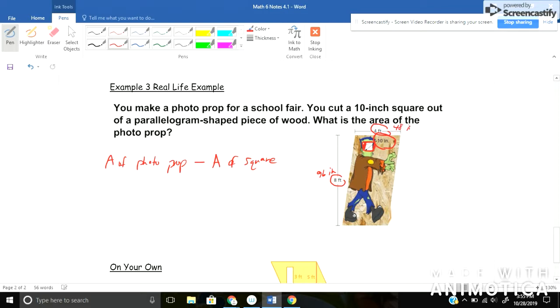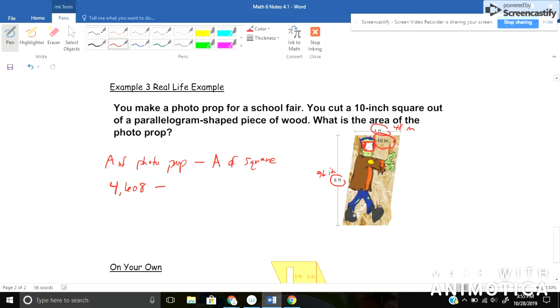So my base is 48 and my height is 96. Base times height, 48 times 96, would give me a total of 4,608. And I'd subtract from that the area of the square. It looks like 10 inches is one side.